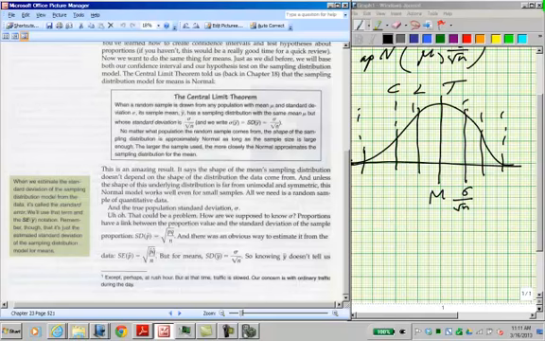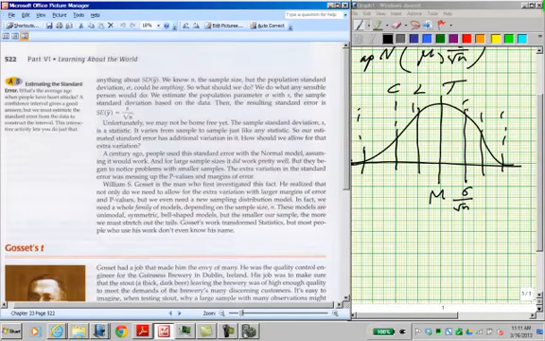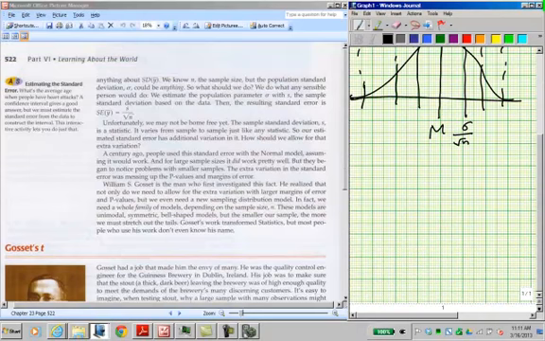We'll go into the preconditions more in a bit, but first we have to deal with a problem that exists with means that we do not have with proportions. The standard error for p hat is the root of p hat q hat over n.